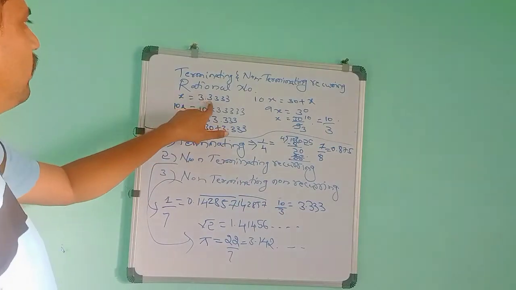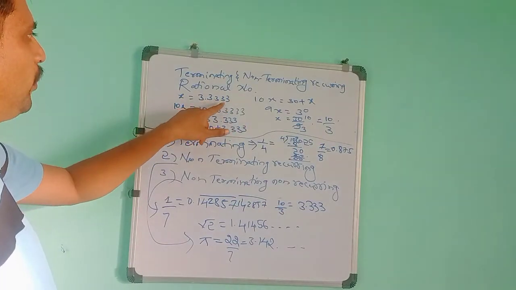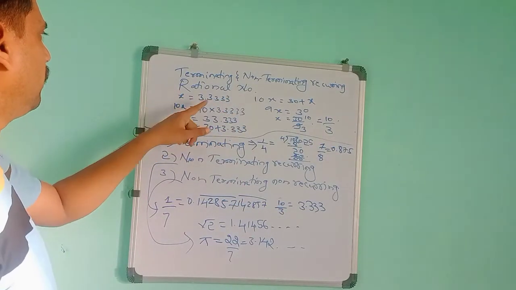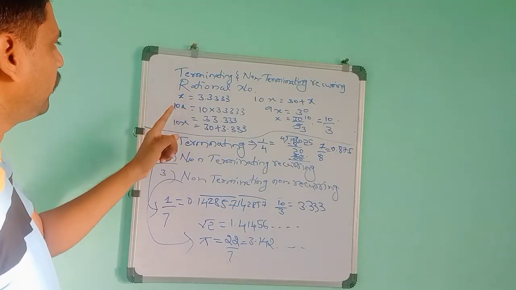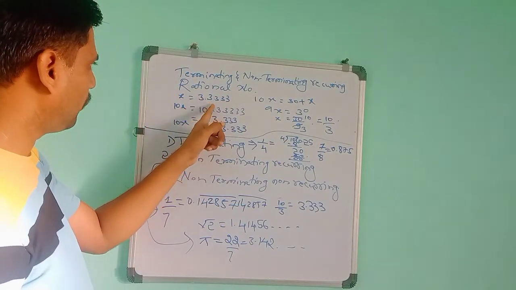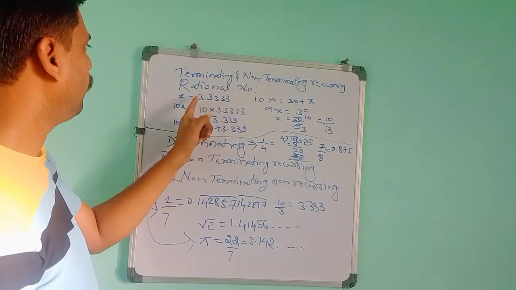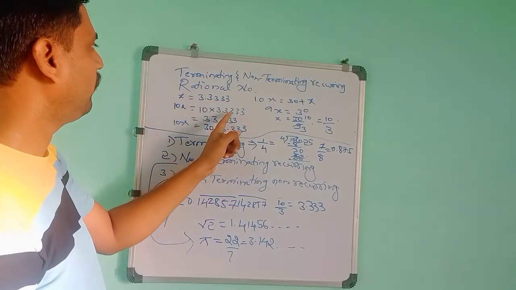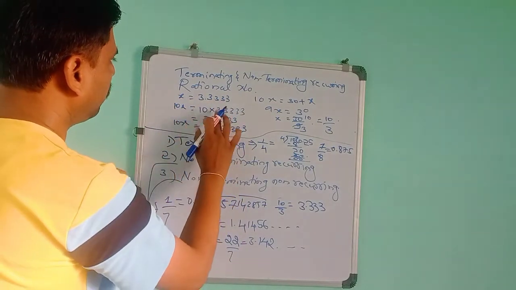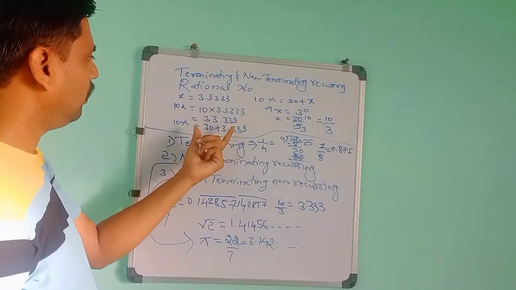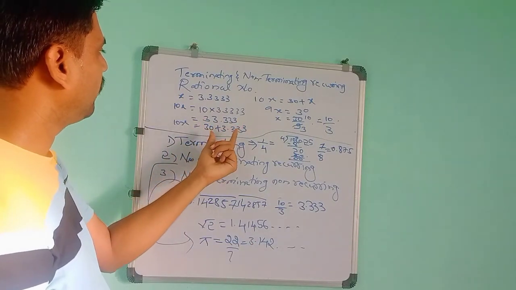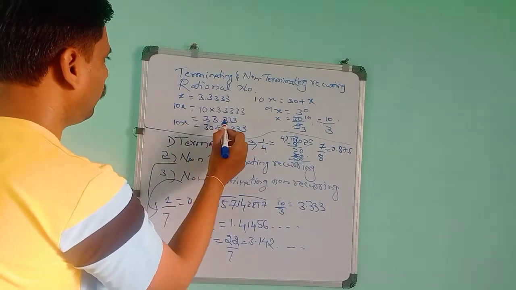To check, you have to take the decimal expansion. Then you have to put it as x. Then you multiply by a power of 10 depending on how many digits are repeating. One digit, so you have to take 10. So 10 into 3.333 you can write as 33.33. Then you can solve it by splitting as 30 plus 3.33, because we have taken x equal to 3.33.